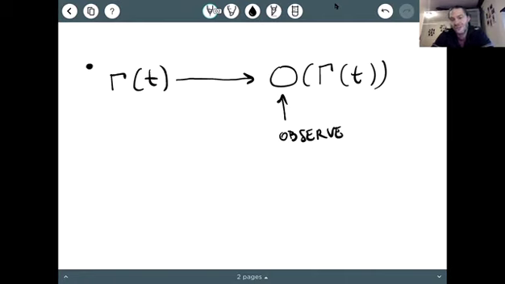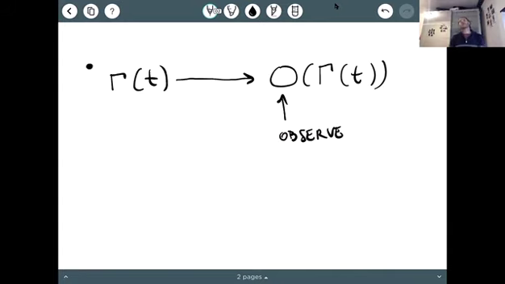And of course, this will depend on the state gamma. For instance, an observable could be the height of my particle. This I can observe because I can take a meter, stick it here, and tell you at time t what is the altitude of the particle. And it's of course a function of position, in this case the z component of position.